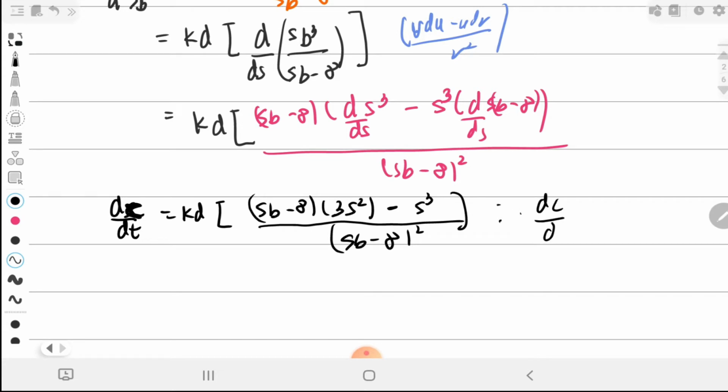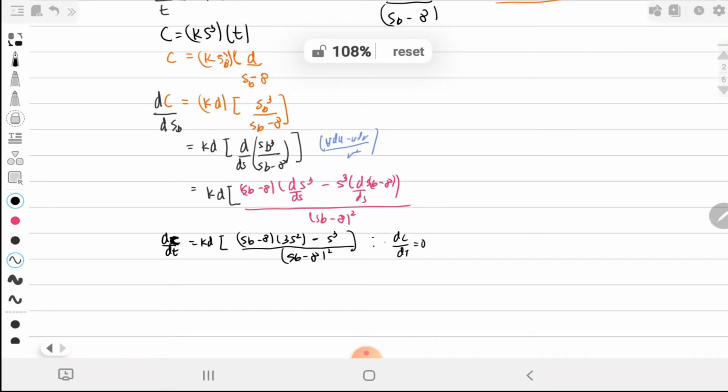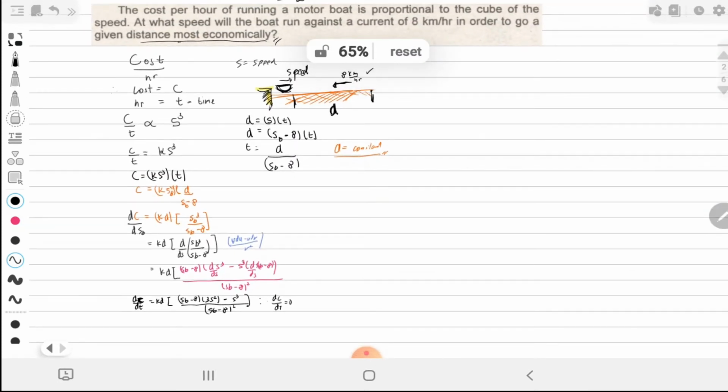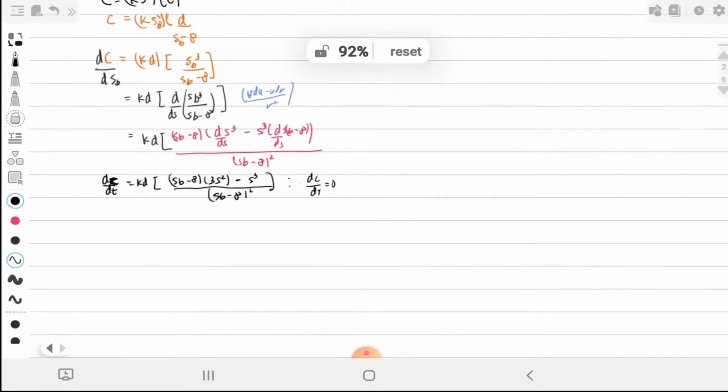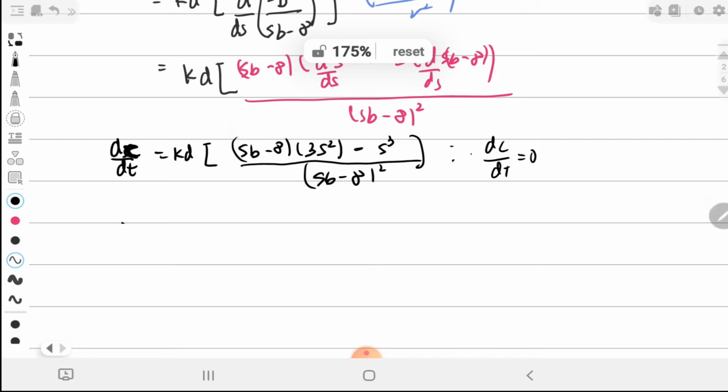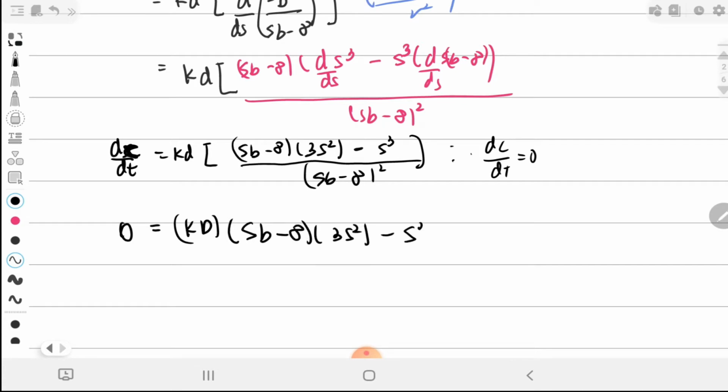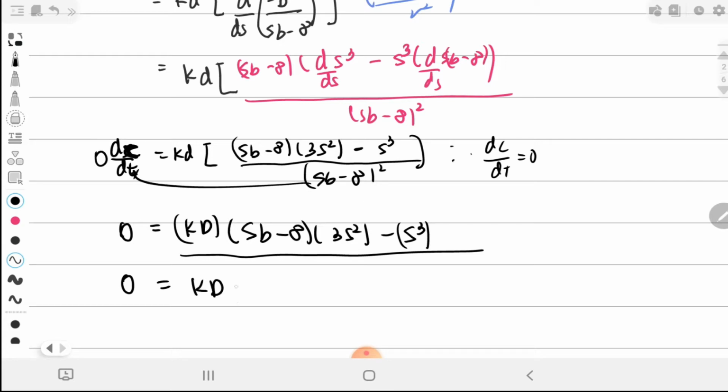Setting dC over dT equal to 0, we will have 0 is equal to KD multiplied by SB less 8 multiplied by 3S squared less S cubed. Since I can cross multiply this so the denominator is gone, we'll have 0 is equal to KD, because when I cross multiply with 0 it is still 0.